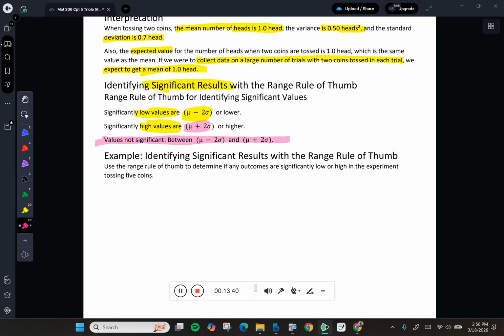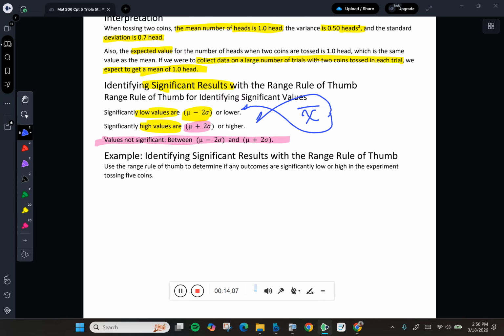So if I wanted to determine whether or not the coins I had were good coins, or if the experiment was being run well, meaning flipped in such a way that they're flipping randomly, I could run the experiment, get an outcome, get a mean for a sample, and say, hey, if it's significantly low, then something's wrong with these coins.